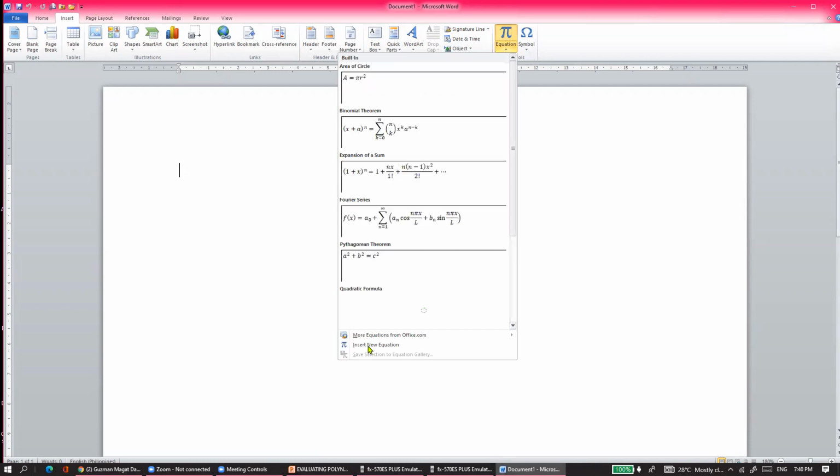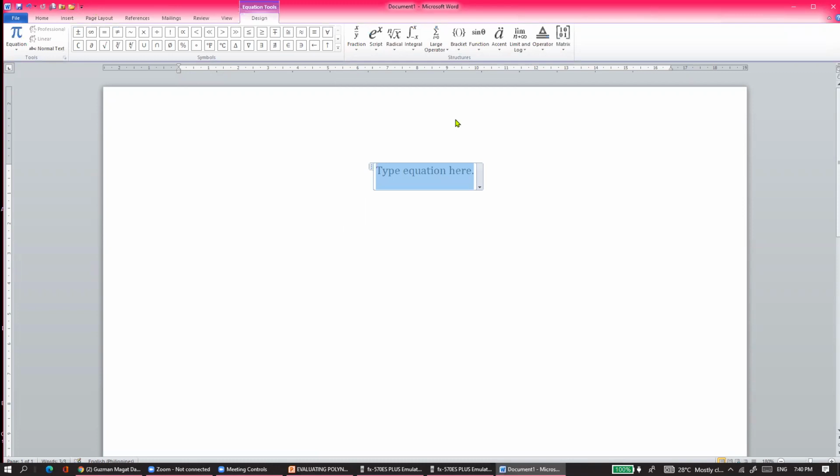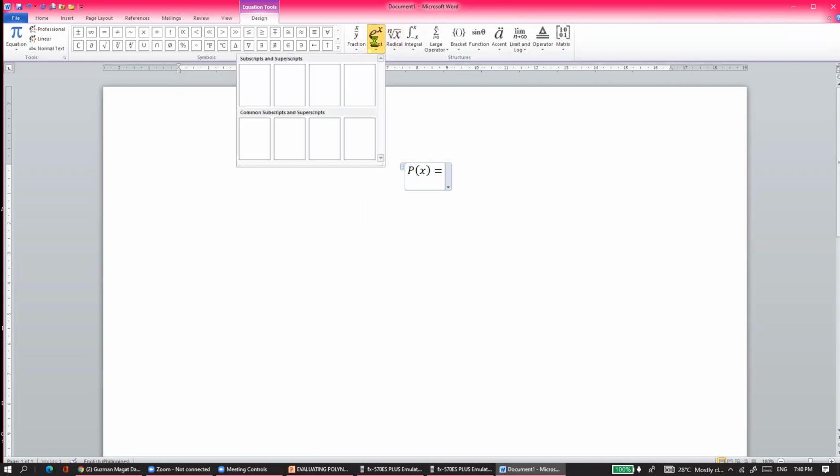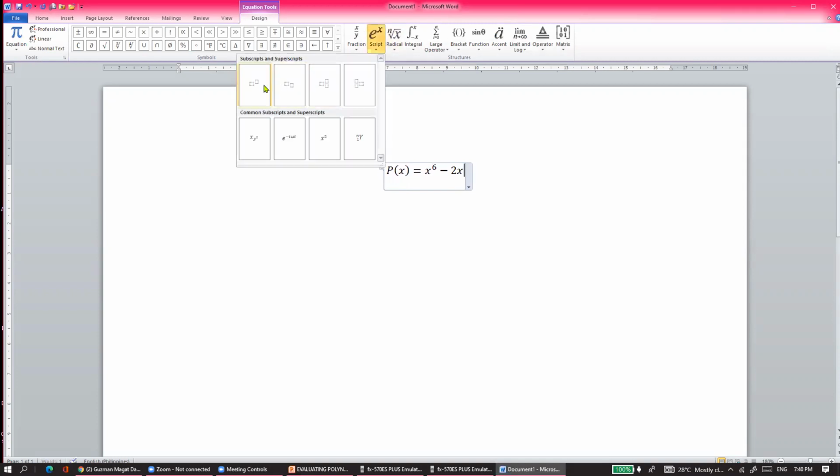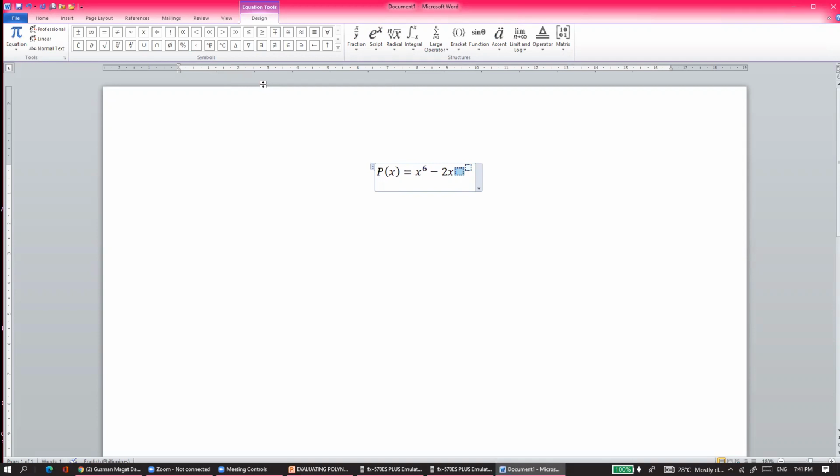Ito, mag-create ako ng sarili kong polynomial function. So, for example, I've got P of X is equal to x to the 6 minus 2x to the 5 plus 3 then x cubed plus 2 then x squared plus x plus 5.